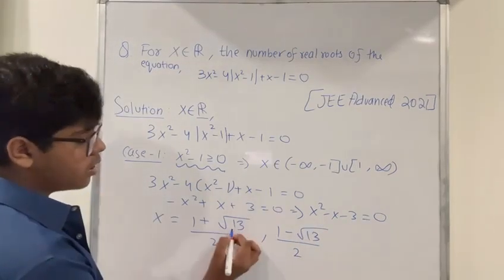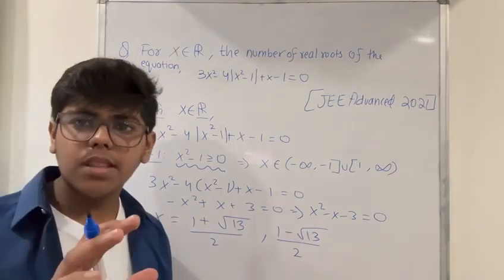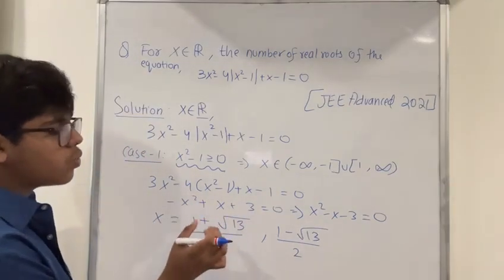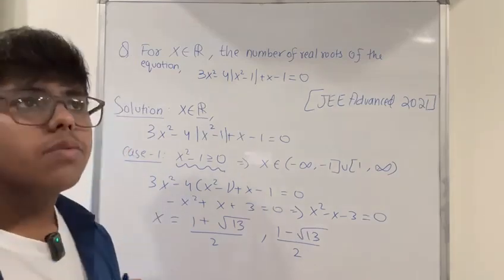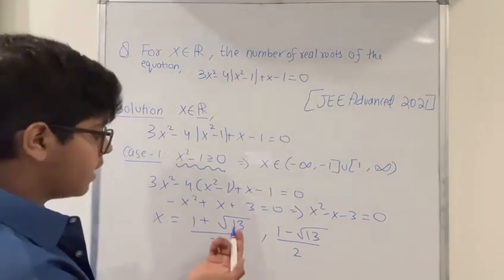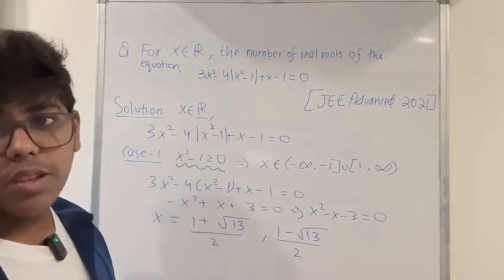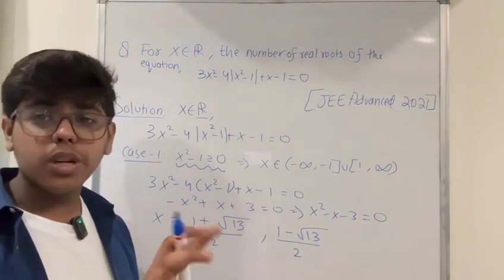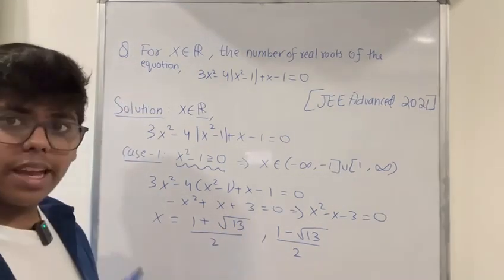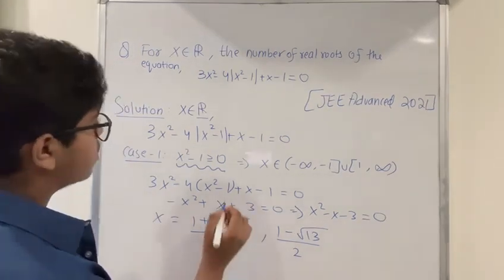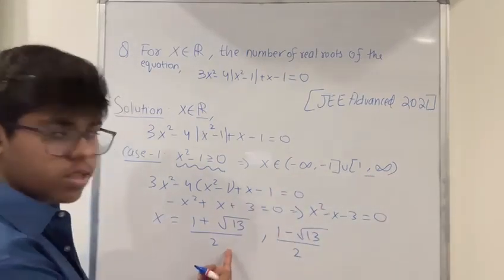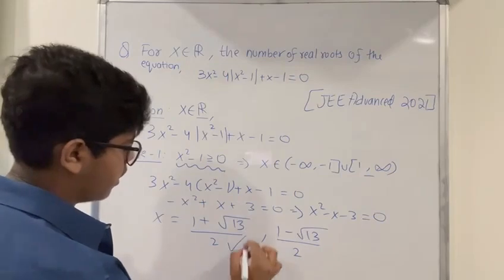Now as you know, under root 13 would lie somewhere between 3 and 4, and if you add 1 to a quantity that lies between 3 and 4, we get a quantity lying between 4 and 5, and when you divide that by 2, you get a quantity that lies somewhere between 2 and 2.5, right? And a quantity lying between 2 and 2.5 certainly would lie in this range.